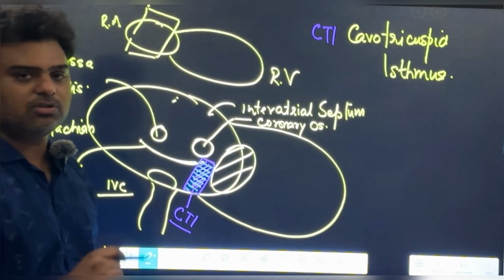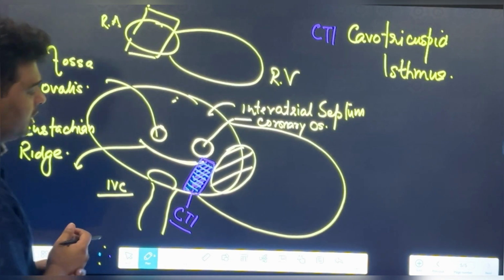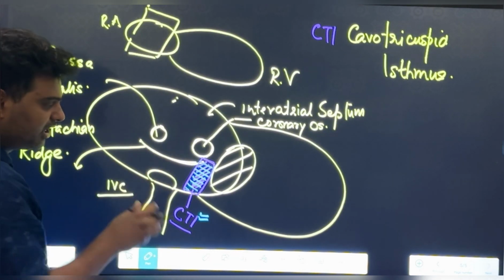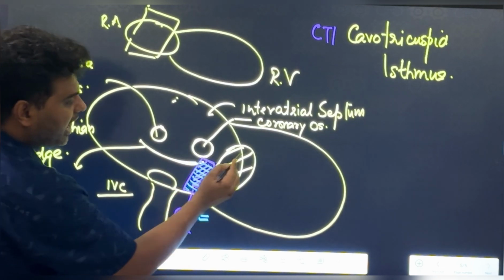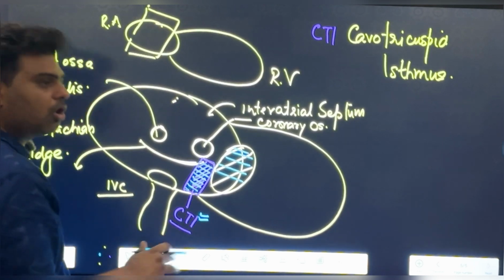Why I am emphasizing this point, after some time you will understand why I am emphasizing so much. So cavo tricuspid isthmus is an area in the right atrium anterior to which is tricuspid annulus or tricuspid valve.